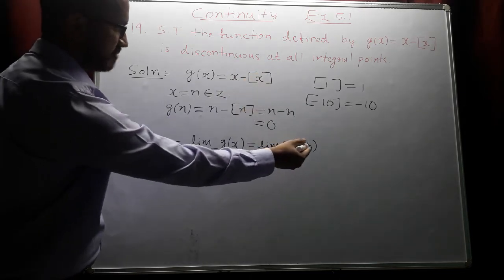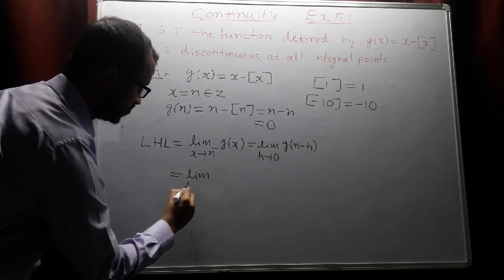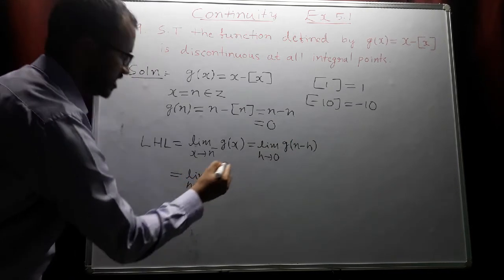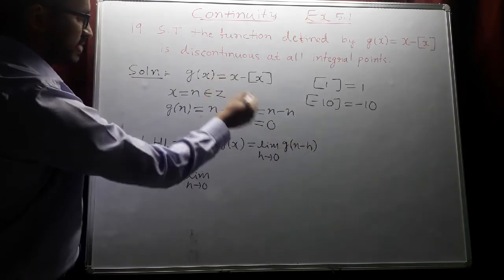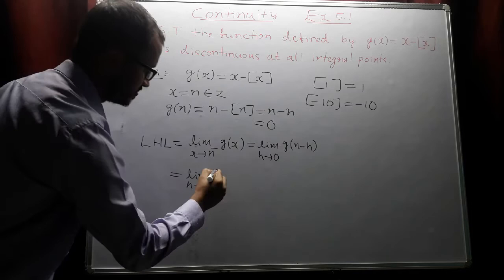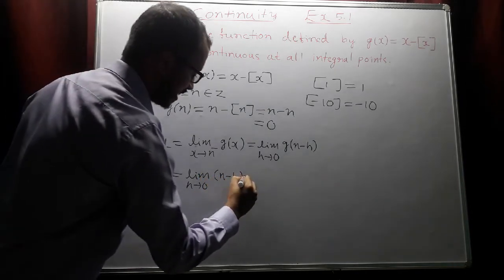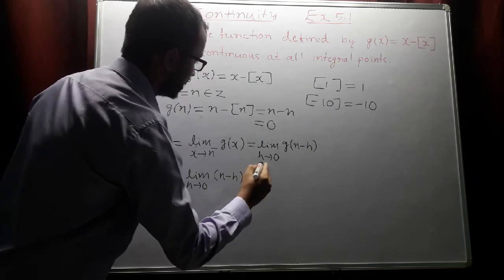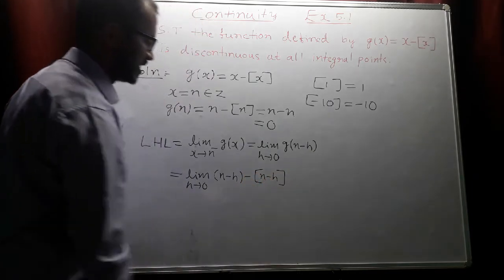So g of n minus h means replace x by n minus h. That is limit h tends to 0 of n minus h minus greatest integer less than or equals to n minus h.